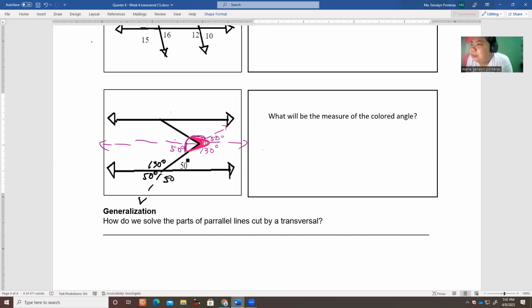So what are we going to do? I'm thinking of subtracting the whole 130 minus 50, but I don't think it's valid to do that. I'm not sure if that was valid. 130.